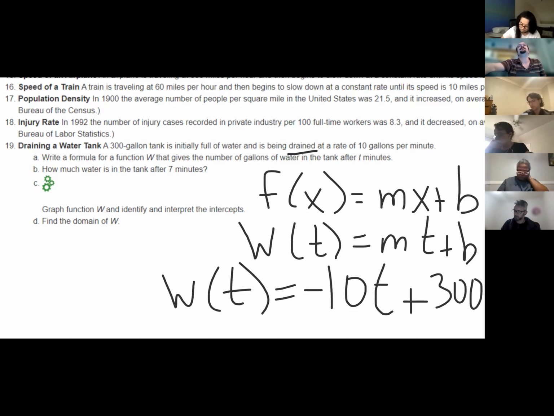Yep, that's it. And like I said, that minus 10 was my rate. What is the word that really gives the way that something is a rate or a slope? I'm trying to get y'all to notice this.